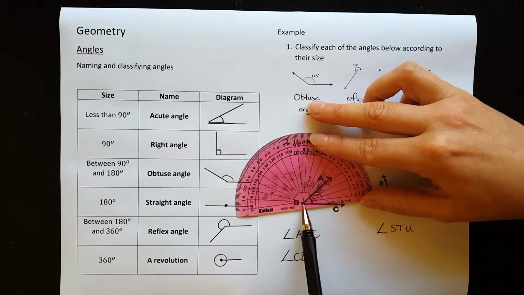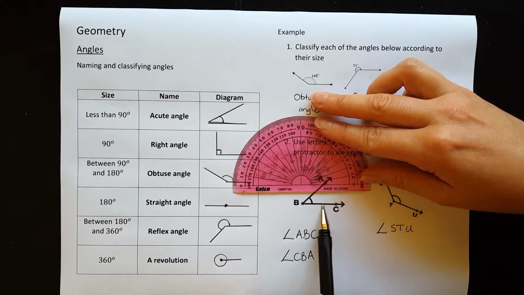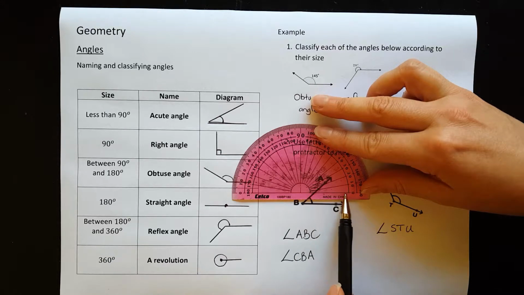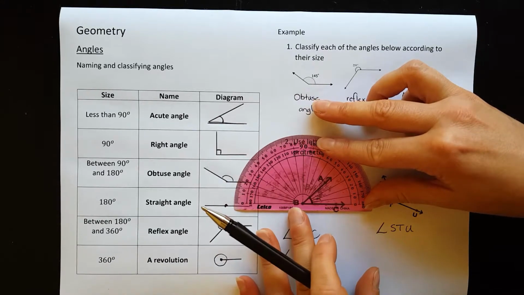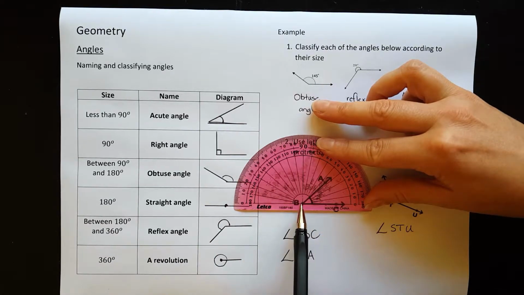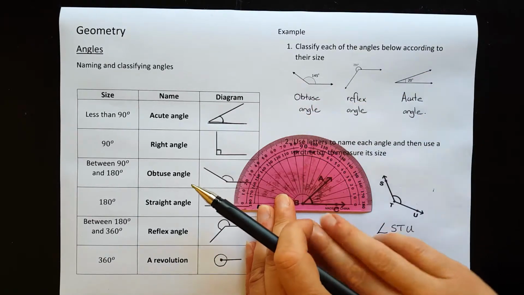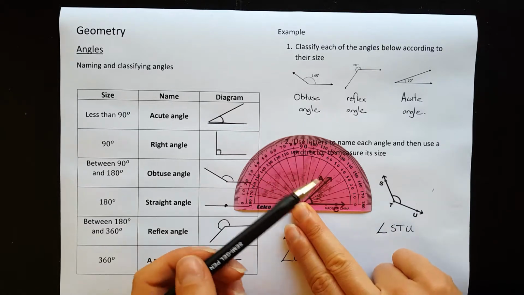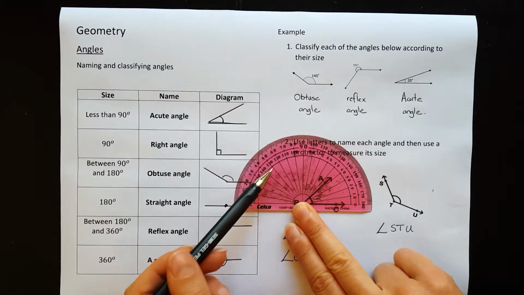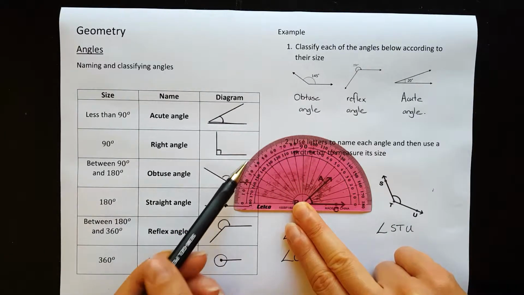Then I want to line up this bottom arm here, this BC, with the bottom line of my protractor. See how that's directly on top there, and this line of my protractor and the line of the angle are on top of each other. Then to measure my angle, we have two sets of numbers. We have some numbers that start here at 0 and go around this way, and then we have one that starts at 0 and goes around this way.